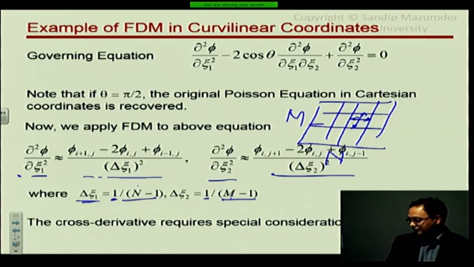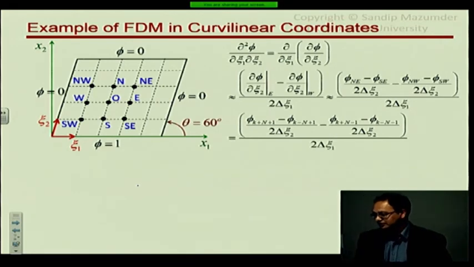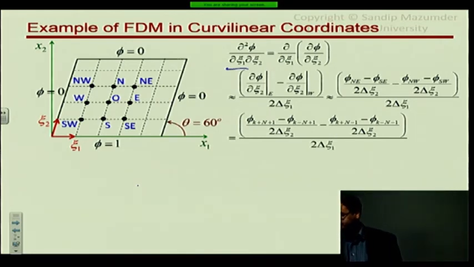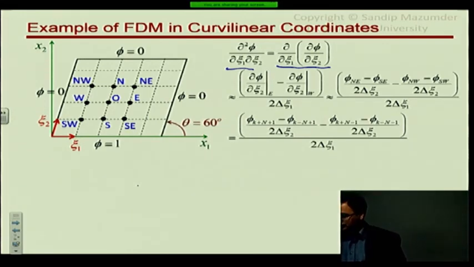So for cross derivatives, we have to do something special. Let's start with this term. We can write it like that. That's one of the choices, of course. We could have written it with the Xi2 outside and Xi1 inside, but let's say we write it this way. Now we can approximate that, so this is d Xi1.